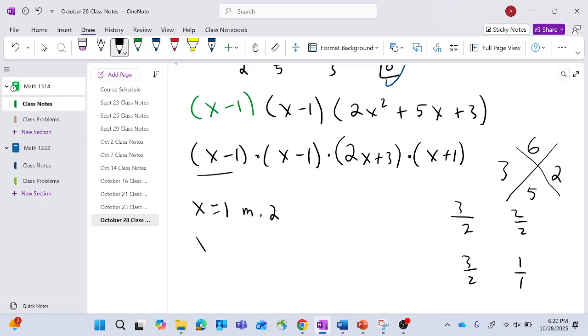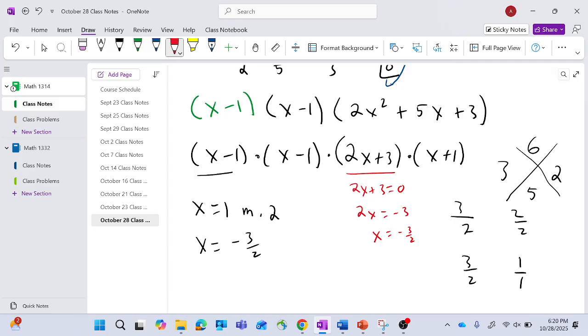2x plus 3 tells me we have a solution of -3/2. If you have 2x plus 3, you set it equal to 0 and solve it. So subtract the 3 and divide by 2, and you get that x is -3/2.